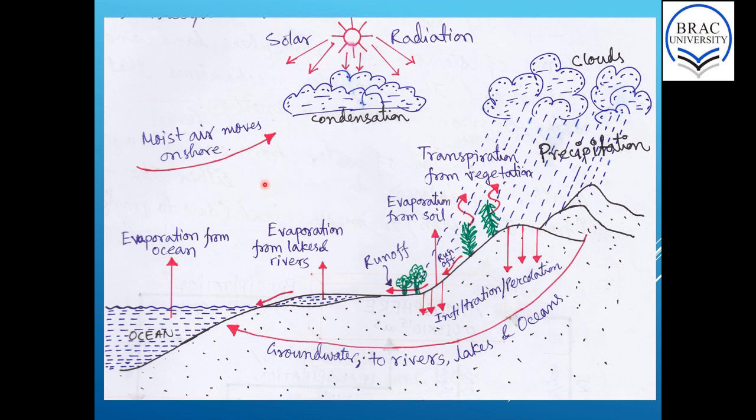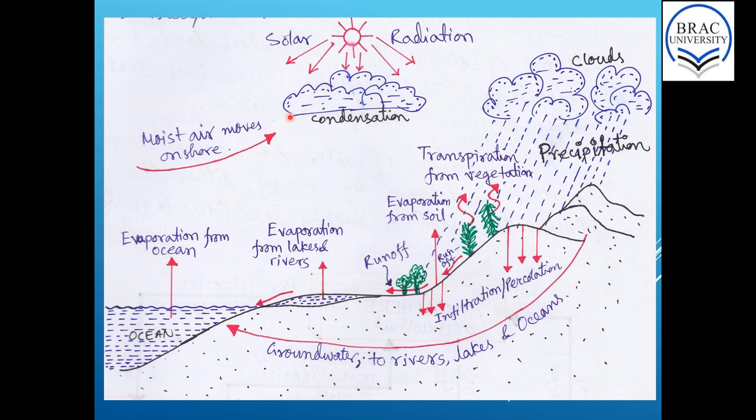So the water becomes saturated, and the water moisture, whenever the air goes up, it becomes cold, because whenever we go up, the temperature falls. So whenever it goes up, it becomes condensed, and that is the process of condensation.